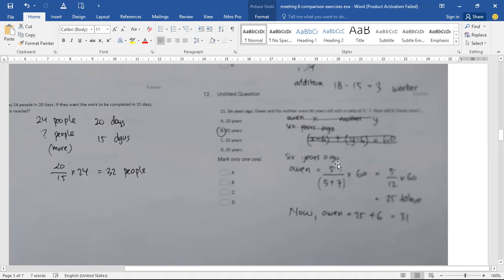Owen is 5 divided by the total, so 5 plus 7, times 60. So 5 per 12 times 60, that is 25 years. So that is 6 years ago. For now, Owen is 25 plus 6, so 31 years old.